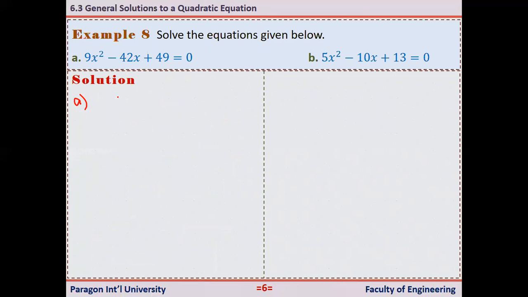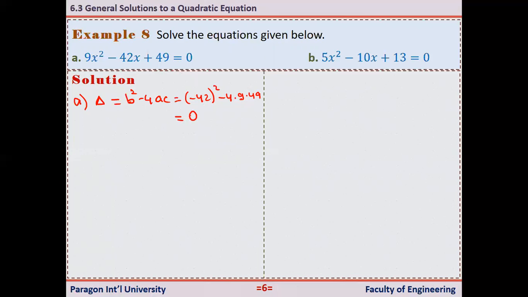We need to find delta equals b squared minus 4ac. b is negative 42, so 42 squared minus 4 times a, which is 9, times c, which is 49, which is equal to 0.